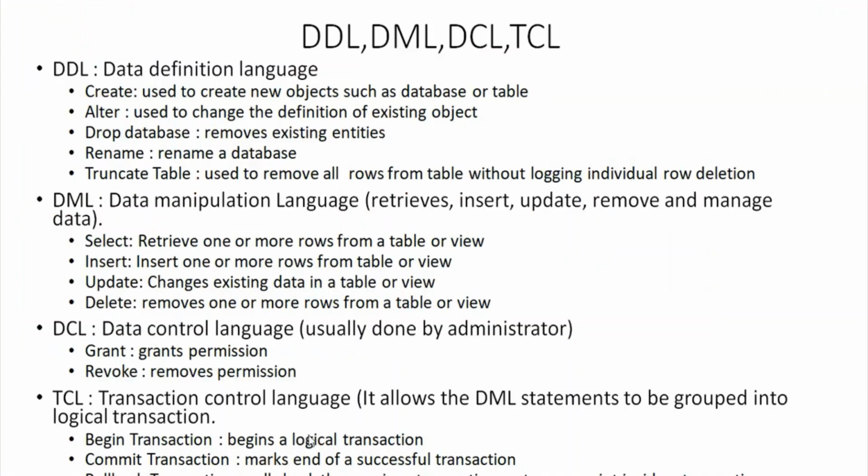We group them using begin transaction. Under begin transaction, we group all the DML statements, and once we are satisfied that it is successfully inserted into table 1, table 2 and table 3, we go ahead and commit the transaction. Else we roll back the transaction.